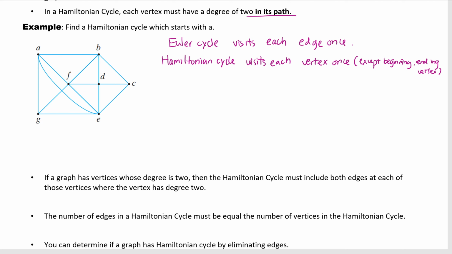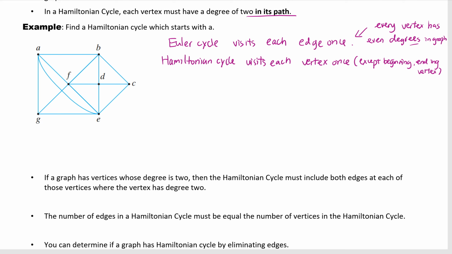Alright, and for the Euler cycle, we know that every vertex has even degree in the graph.